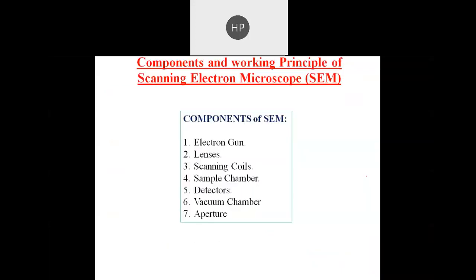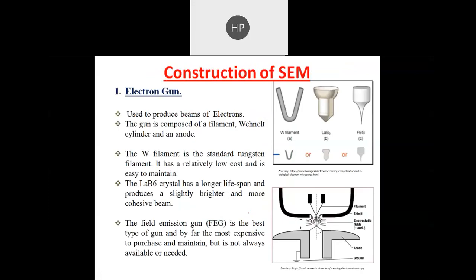Then we have started our discussion on components of SEM. The first components are the electron gun, lenses, scanning coils, sample chamber, detectors, vacuum chamber, and aperture. Then electron guns.